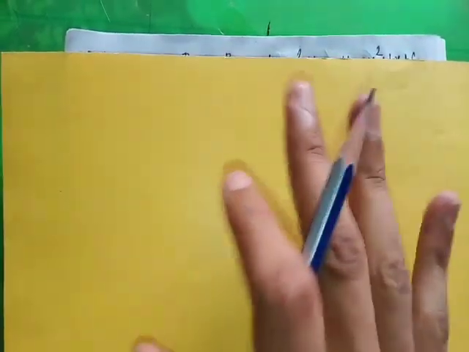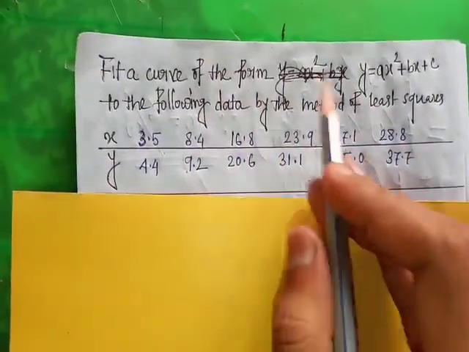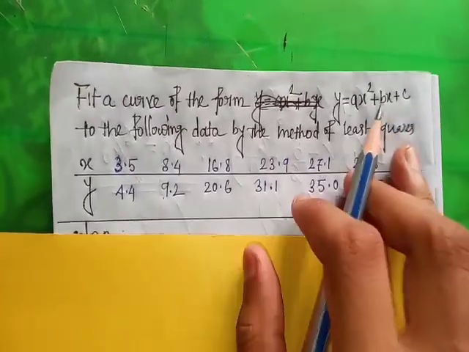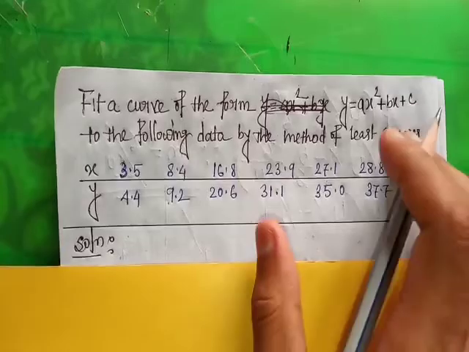Now we will solve a problem: fit a curve of the form y = ax² + bx + c to the following data by the method of least squares.